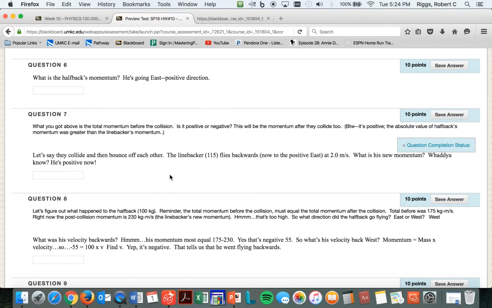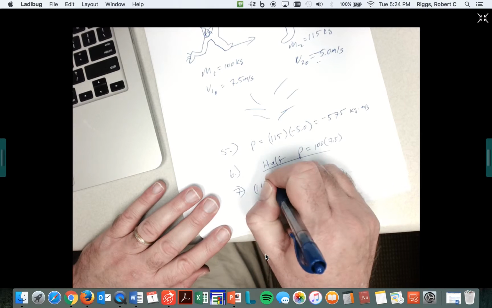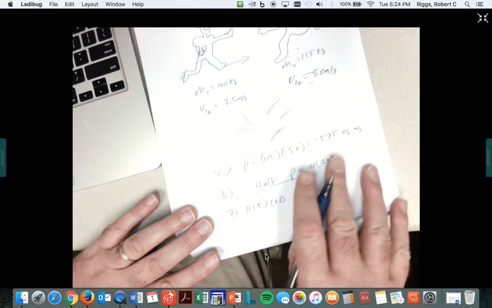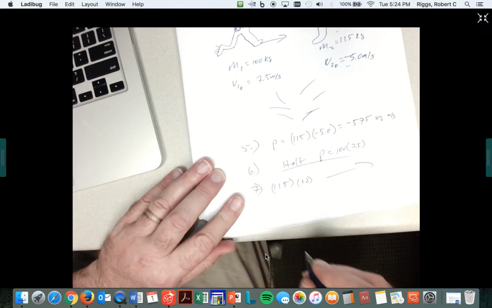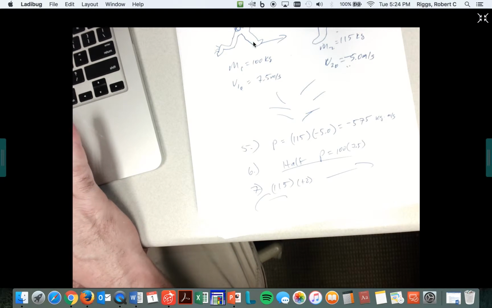Okay, so 7 is easy. You just take the 115 times 2. All right, then we're going to pause it and come back to this. So the linebacker goes flying off that way, and then we're going to figure out how fast the halfback's going when he goes that way. All right, so let's pause this.